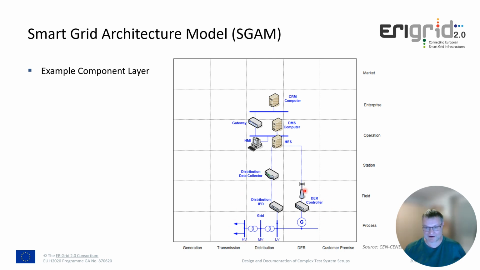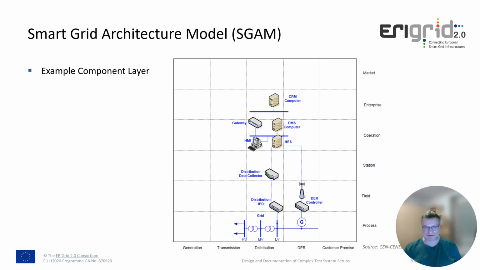We have this DER controller, the distributed energy resource controller, the distribution IEDs and so on, the data collectors and the computing system, the upstream level supervisory control and business process computers.